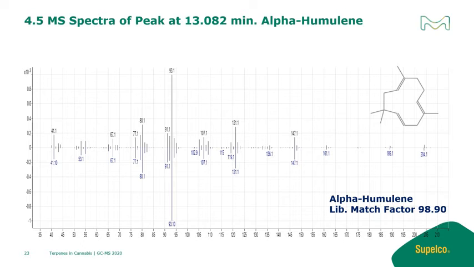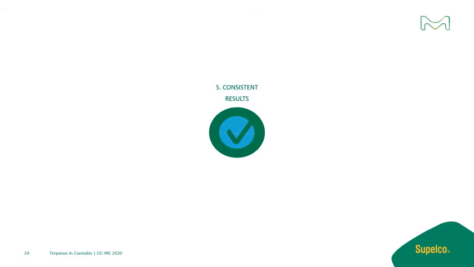In this case, we're taking a look at the spectra for alpha humulene. On top, we see the NIST library spectrum, and in the bottom, we see the spectrum of our sample, and you can see the high library match factor of 98.9 for alpha humulene. And this allows us to achieve consistent results.